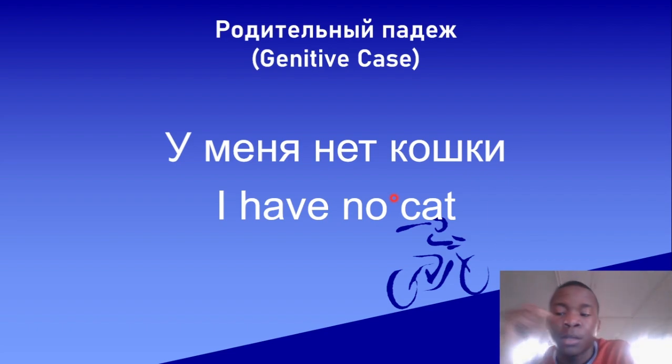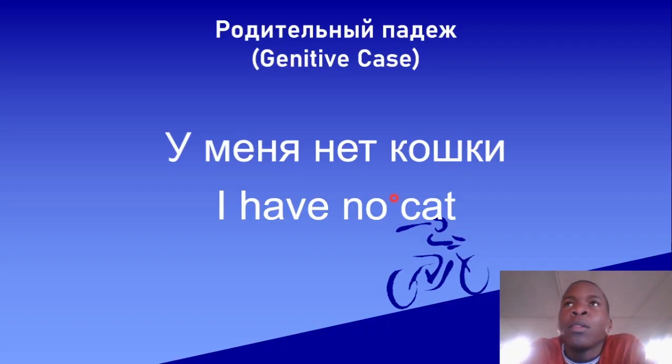How I would remember this is that not all the words are going to end with an i necessarily. A lot of the words are going to be different, particularly because of their gender or their singularity.